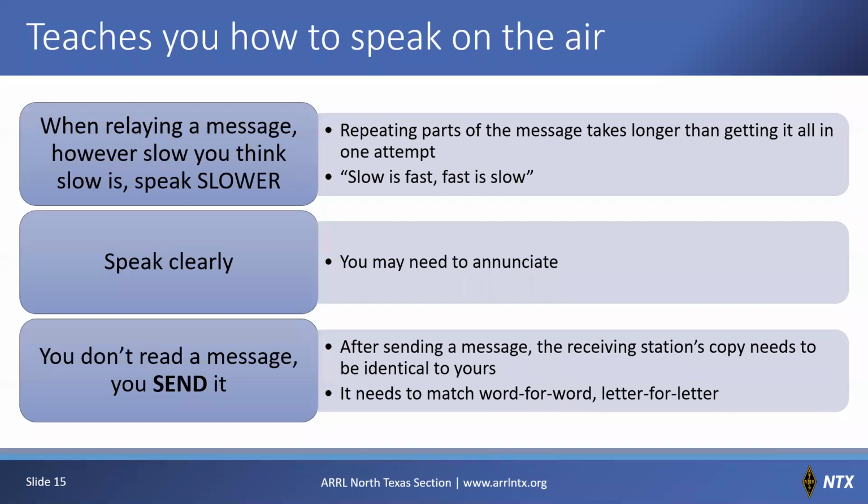Enunciating can help, especially if it's a little more interesting of a word. So instead of just saying it casually, enunciate, especially if the band conditions are fun, although I keep crossing my fingers for the solar cycle. And the last thing here, I like to think of traffic relaying is that you're not reading this thing, you're sending it.